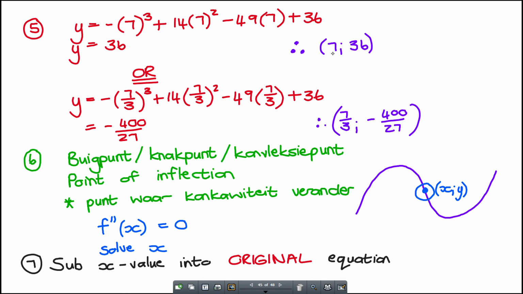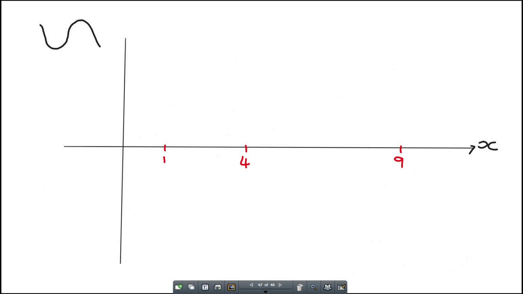Okay, so kom ons plot gou daai eerste enetjie. If x is 7, y is 36. So x is 7, y is 36. En hy gaan daar so ook moes nou deurgaan by 36.